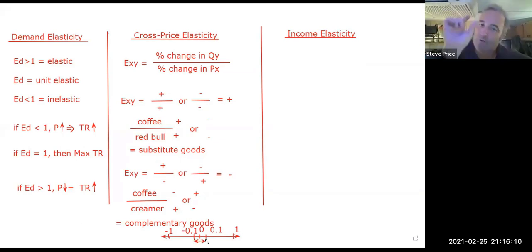If it's between those two, if the coefficient comes in so small that it's positive but it's 0.1 or less, and if it's negative, it's -0.1 or more up to 0, then we're going to call these something different. We're simply going to say they're independent goods. So I'm going to put if this, then independent.